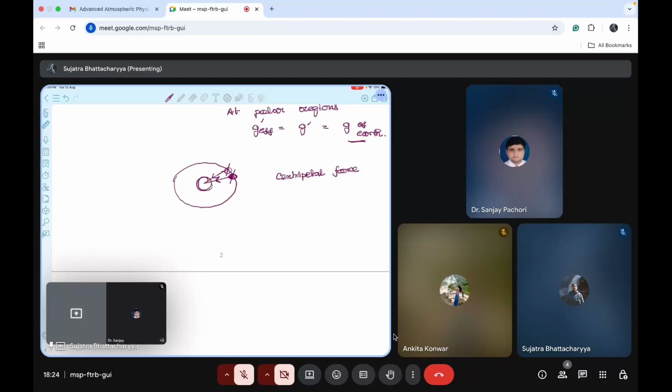Because whether you are observing from a rotating frame or a non-rotating frame, one thing is common: this centripetal force, because this centripetal force is a real force. It's not related to atmospheric physics, but it is a very general physical question. So it's a real force, and it is a center-directing force.